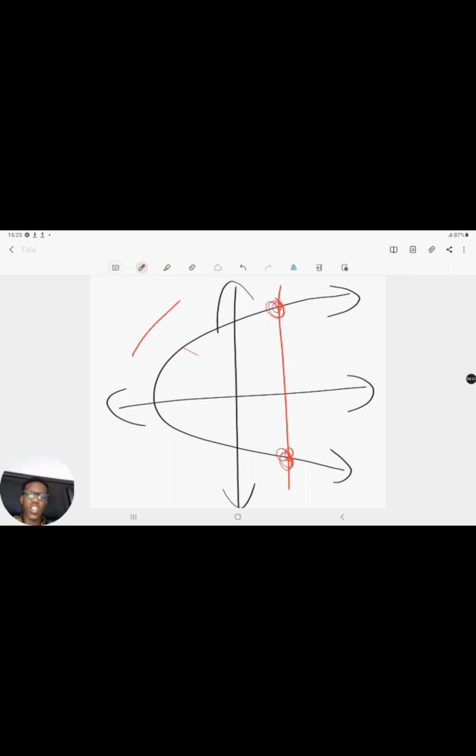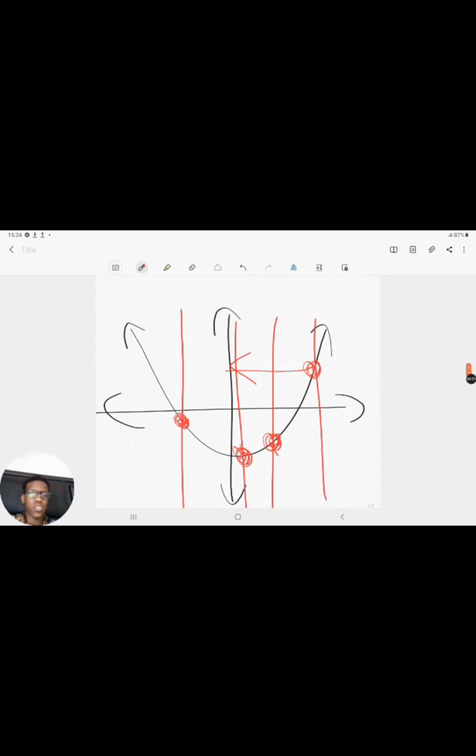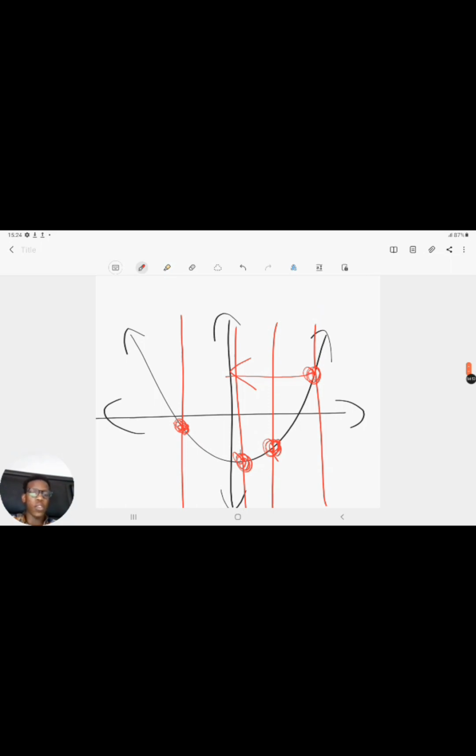Therefore, this is not a function, because I've got two points that are intersected by the vertical line. So this is what I mean when I say a function is a graph that has one unique y value for one or more x values. In this case, this is the y value that we're looking at for this line, and this corresponds to this x value.